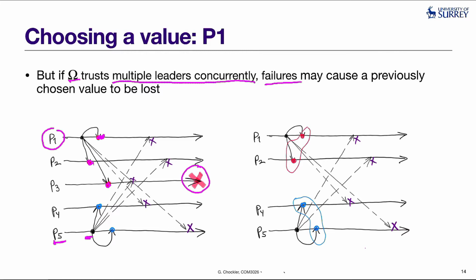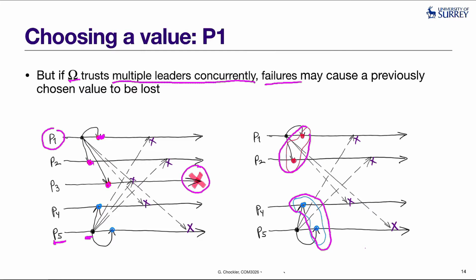Okay, so we have two processes P1 and P2 that accepted the red value, and another two processes P4 and P5 that accepted a different blue value. Okay, and now if we want to learn which value was actually chosen, we can't do this because the value disappeared from a majority, from a quorum, because P3 is gone.